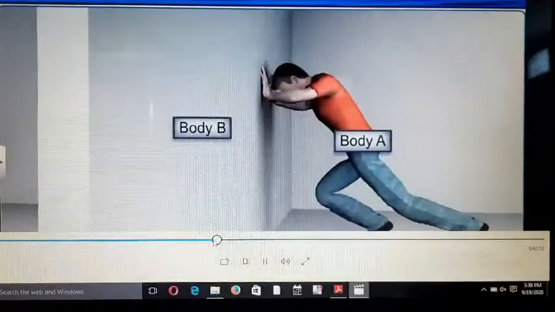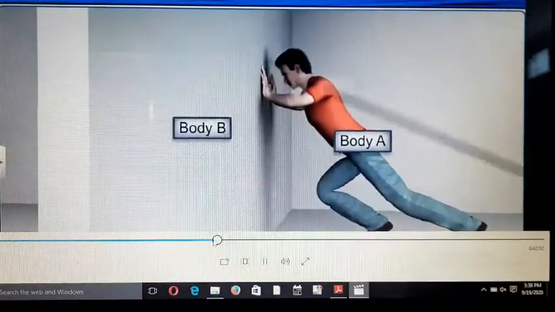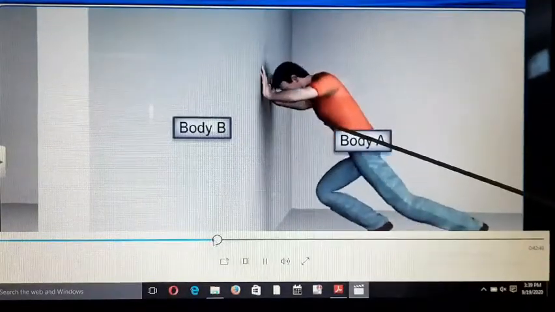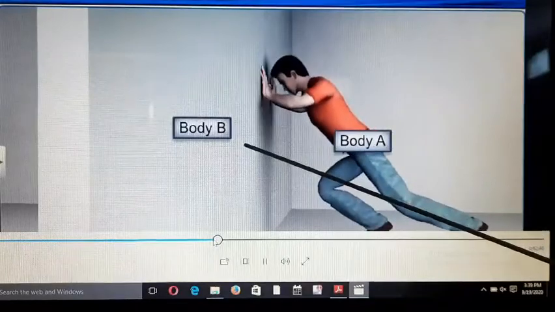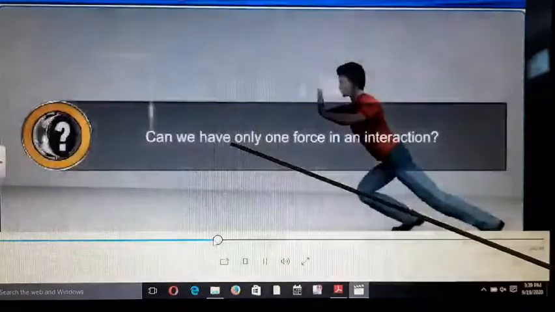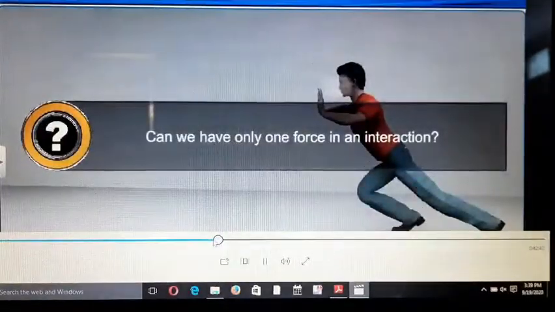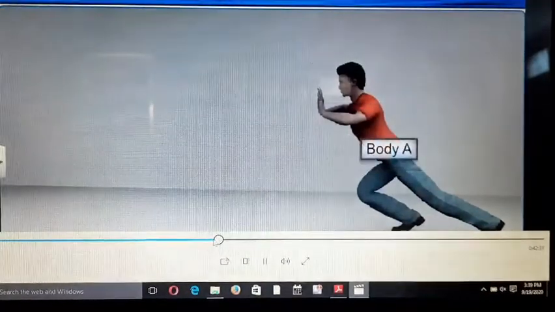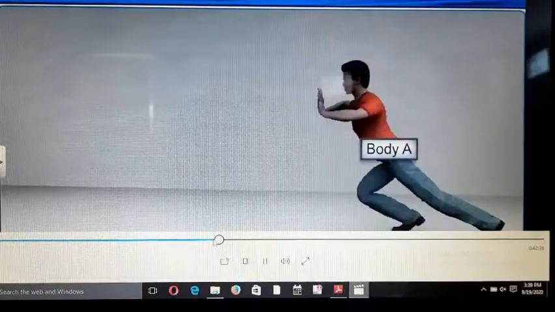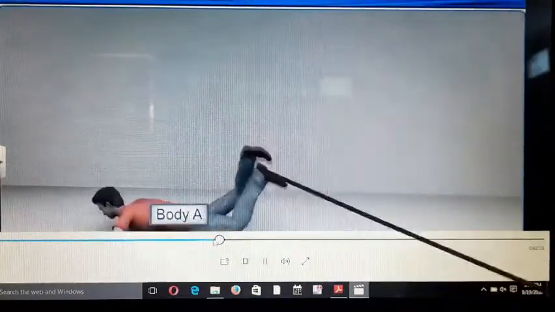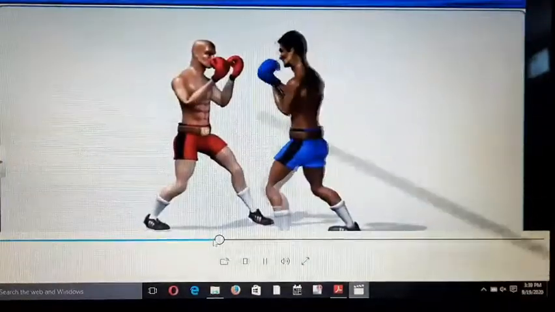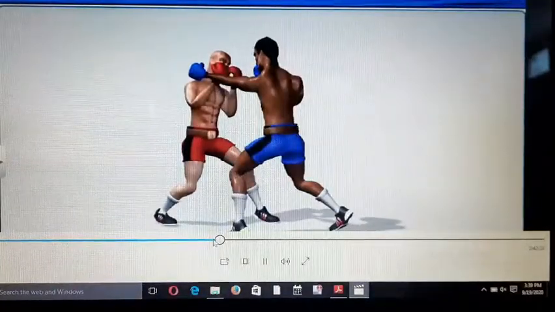Friends, Newton's third law. One person applies force on the wall, and the wall also applies force in the opposite direction. So both forces are equal and both are in opposite directions. Look here, both boxers fight each other.